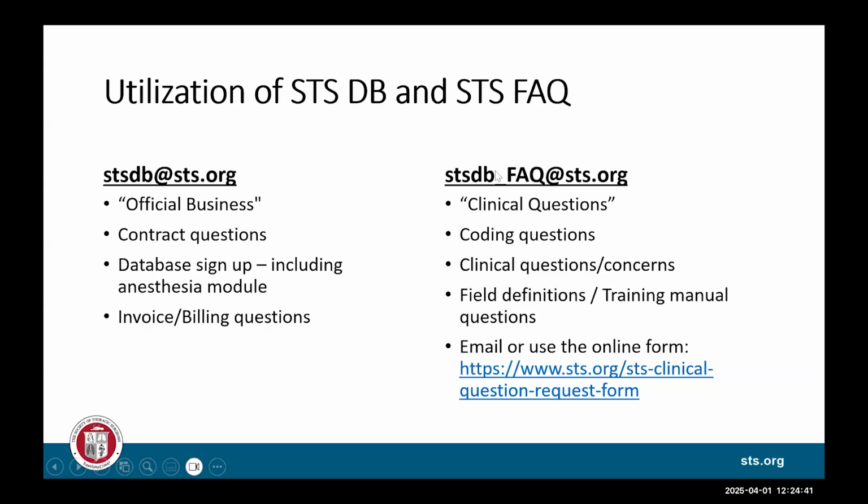We also have the STSDB FAQ help desk, and this one is for clinical questions. So how do you code something? How do you interpret the definition of a field? If you have a question about the training manual, that should go to FAQ.